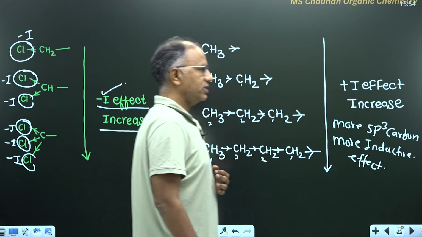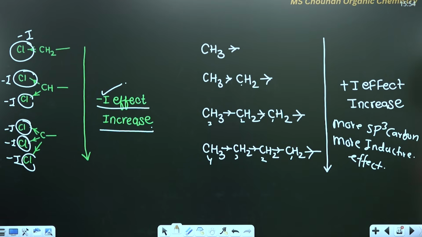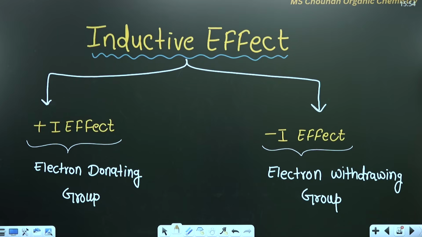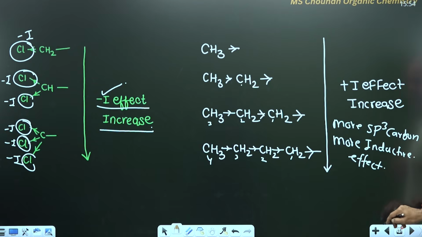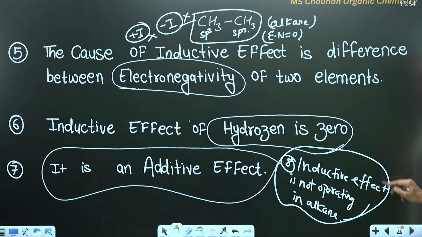So write these 2 examples in your notes. Now, inductive effect is broadly classified into 2 categories, and one more characteristic you have to write. The inductive effect in alkane is 0, or we can say that inductive effect is not operating in alkanes.